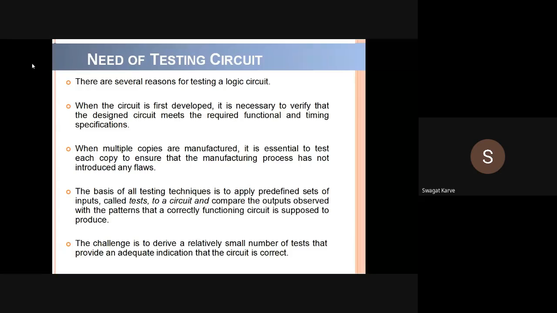That means correct, there is no fault. And if you are not getting the expected output, that means there is a fault in the design or in the manufacturing process, and that's why that hardware is faulty, so you cannot give it to the customer, right? So these are the reasons that one should go for the testing of logic circuits. Clear with this?